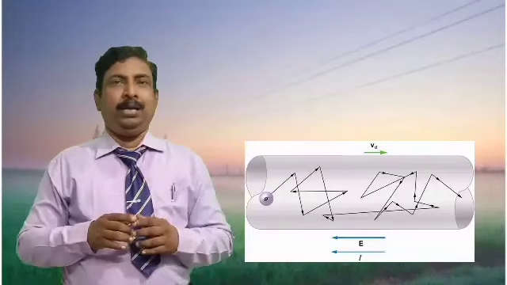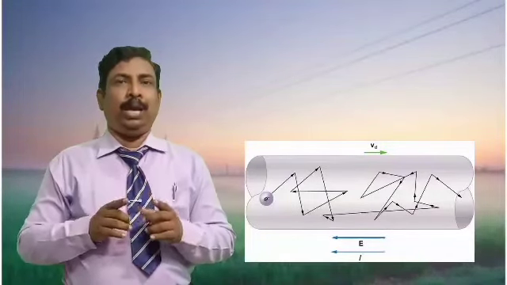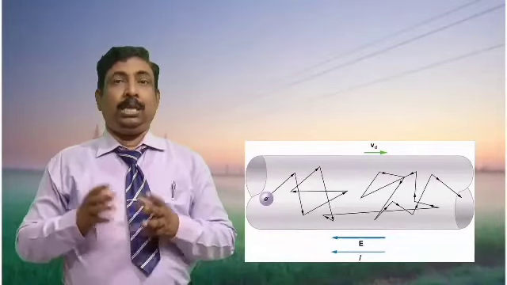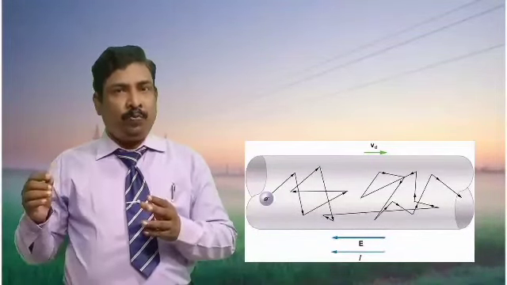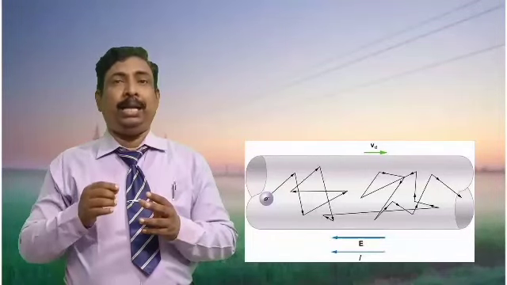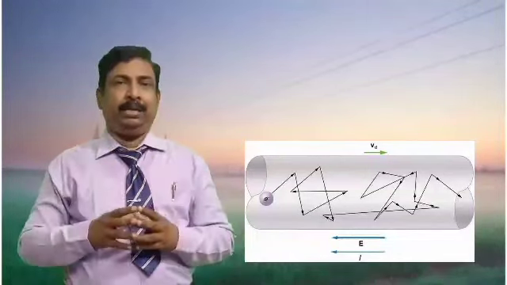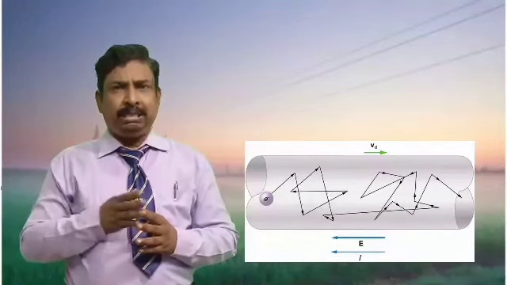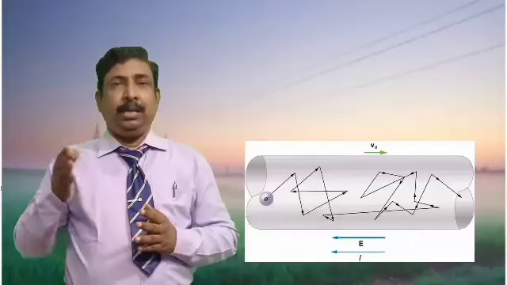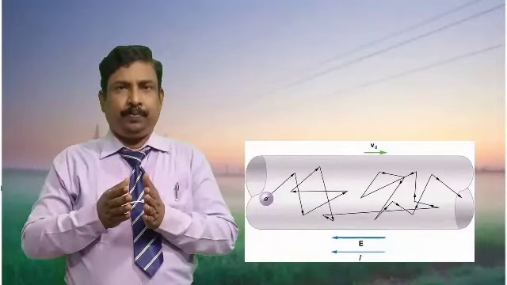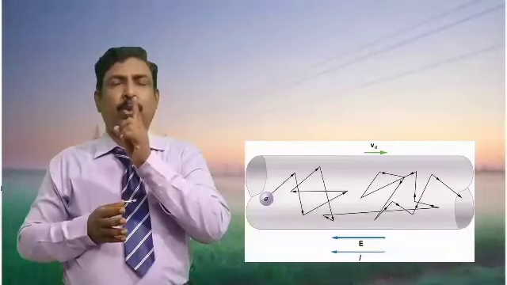But actually the electrons do not move like what we think in general perception. The electrons move freely in the metal and they continuously collide with the ions present in the metal. Because of these continuous collisions, the electrons slowly drift, just 1 millimeter per second.